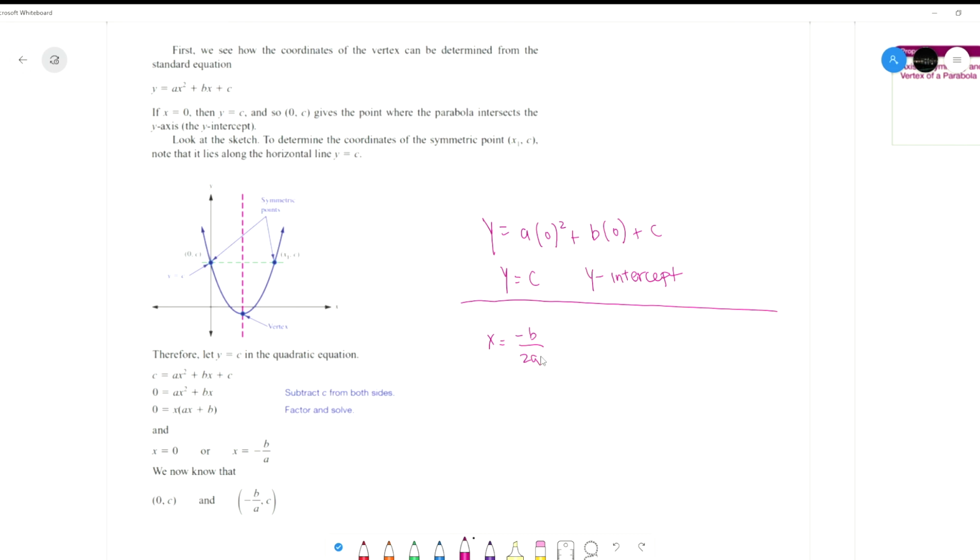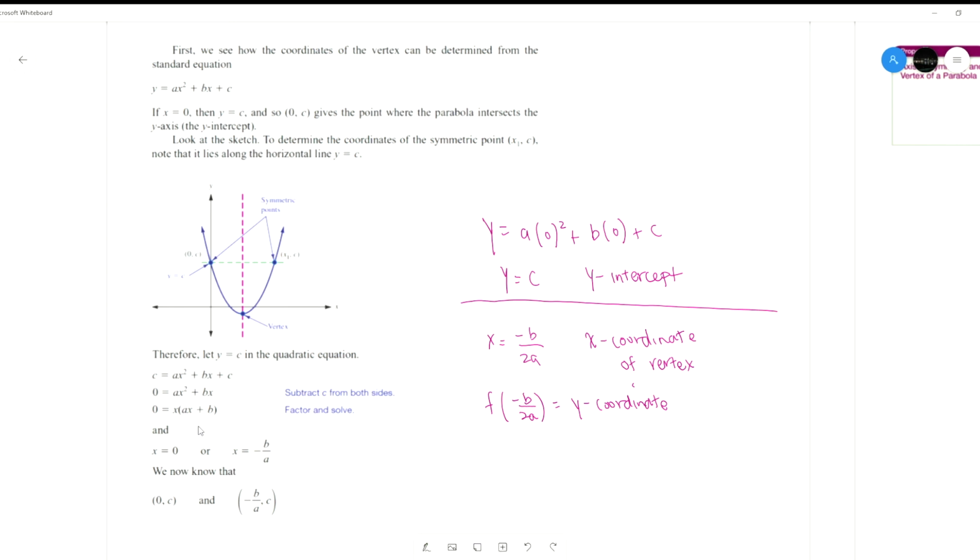So all we have to do is take our a and b, do negative b over 2a, and that gives us the x coordinate of the vertex. And we take that number and we substitute it in for x to get the y coordinate. So we'll be doing these a little bit later. Let's move on for now.